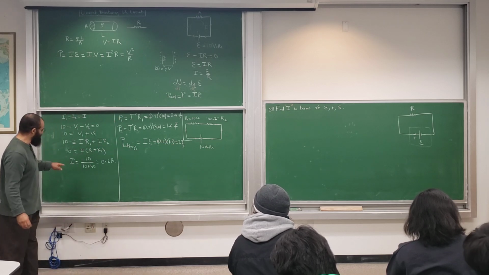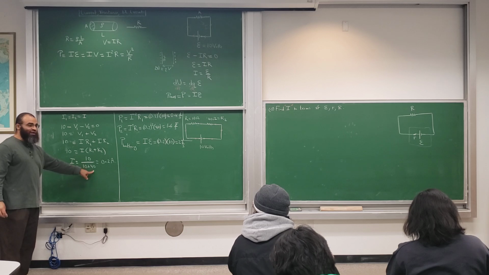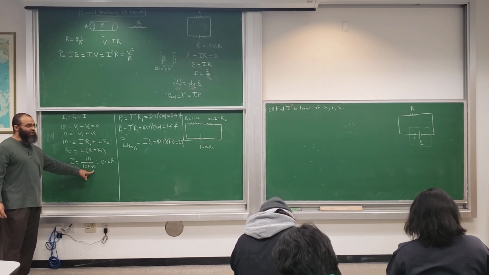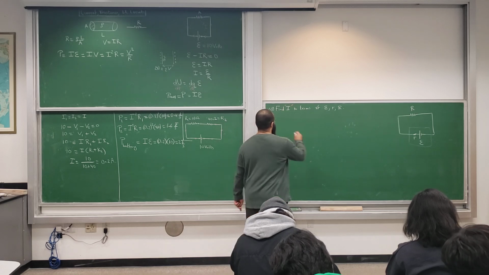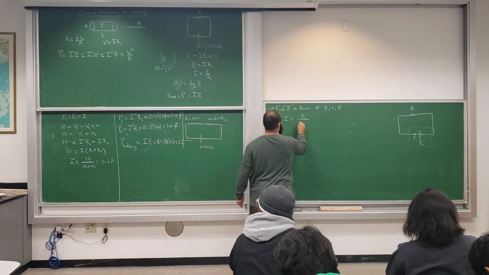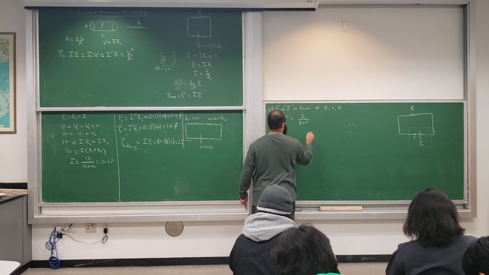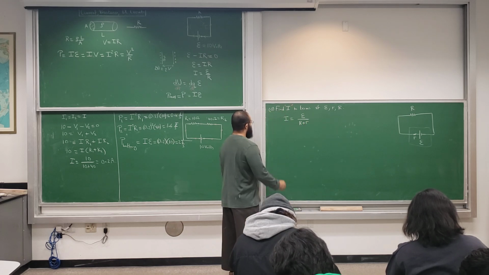The current would just be the voltage of the battery divided by the sum of the two resistances.